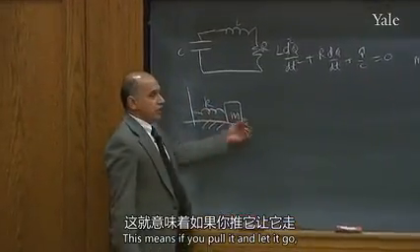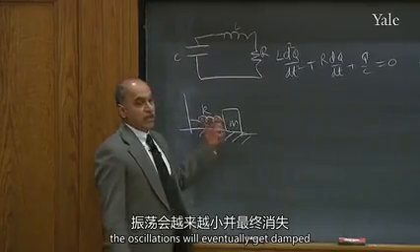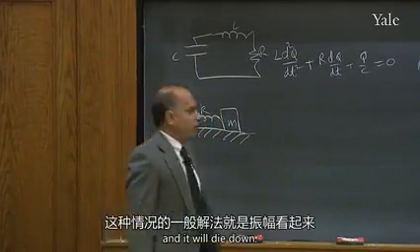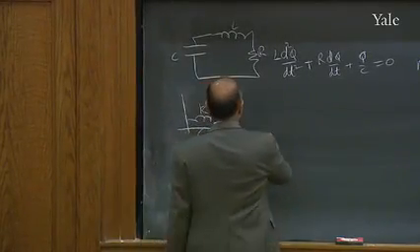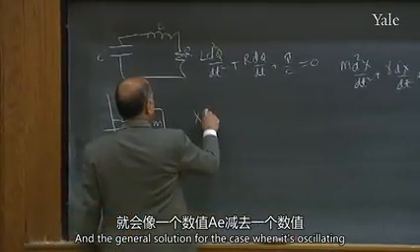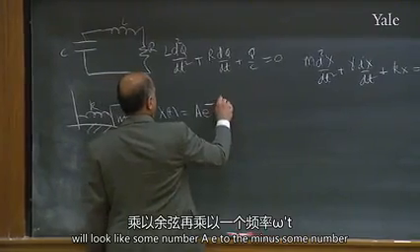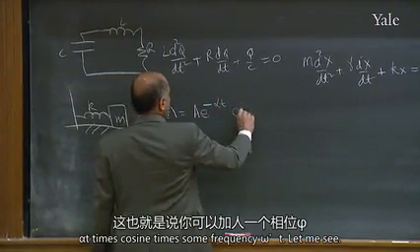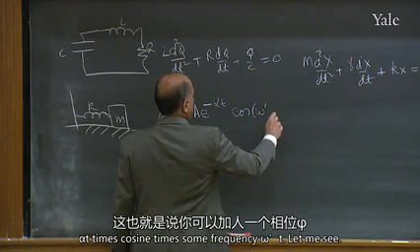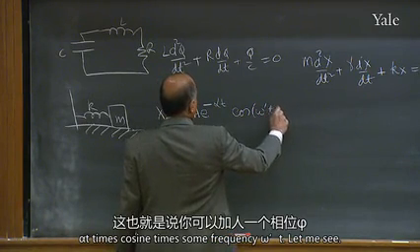This means if you pull it and let it go, the oscillations will eventually get damped and it will die down. And the general solution for the case when it's oscillating will look like some number A e to the minus some number alpha t times cosine times some frequency omega prime t.